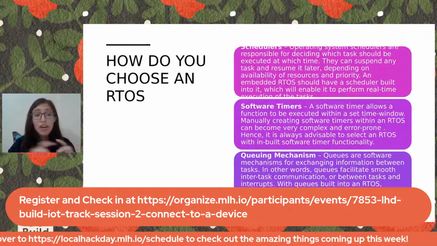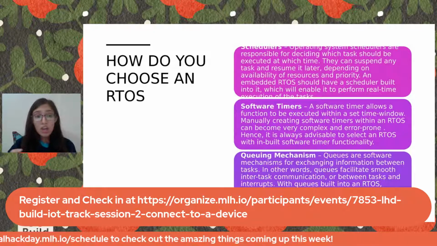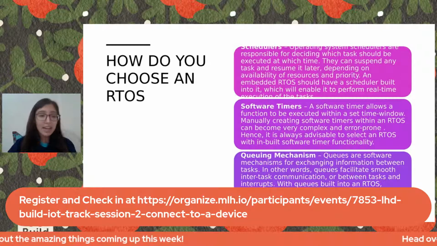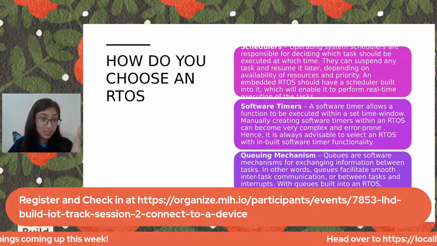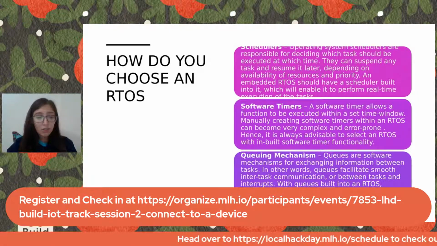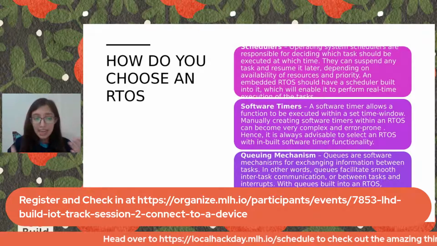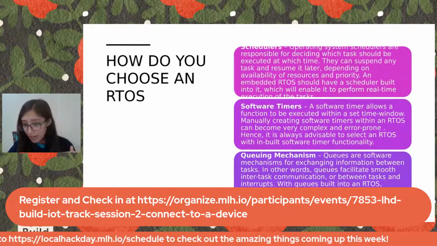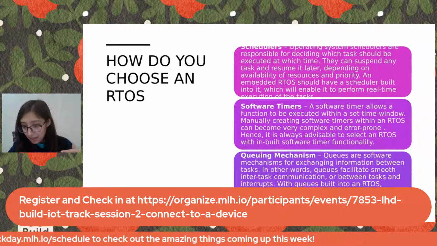You must have heard of RTC, real-time clock. That's used a lot in your devices. Anything that displays time uses an RTC. Software timers use software to count the seconds and time every task that has to be done.